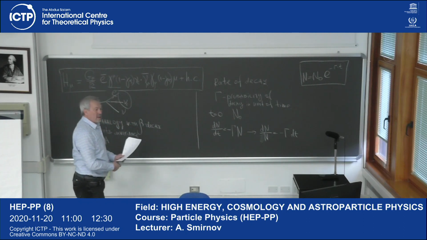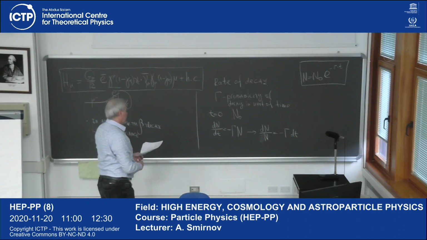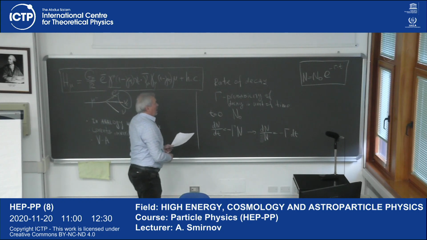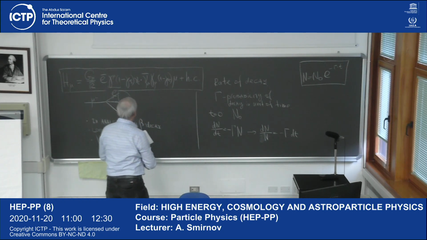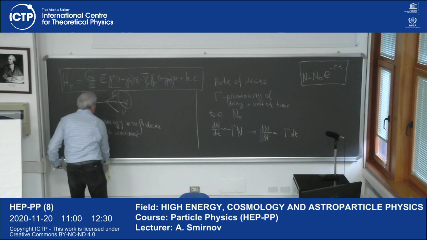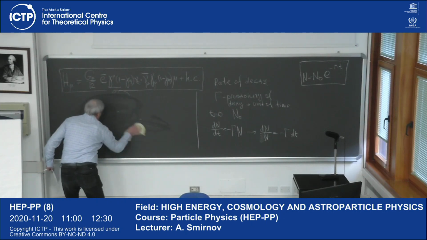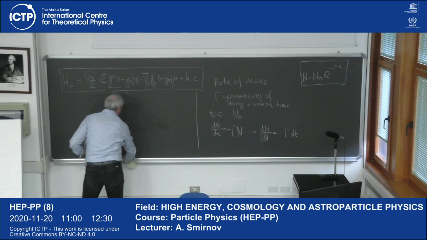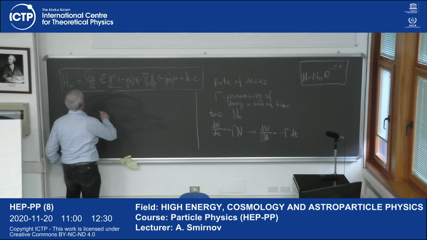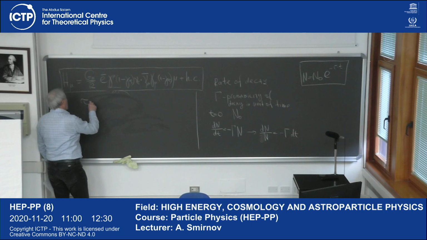So the number of particles decreases exponentially, and gamma gives us the rate of this decay. Apart from the decay rate, we also introduce the lifetime, which is the inverse of gamma. So this is the lifetime of the particle.